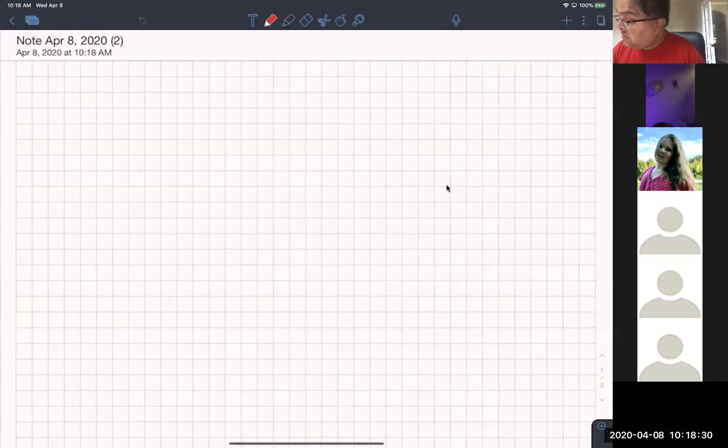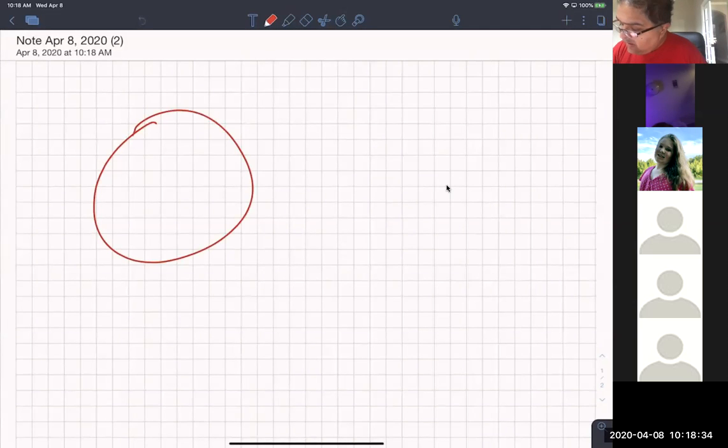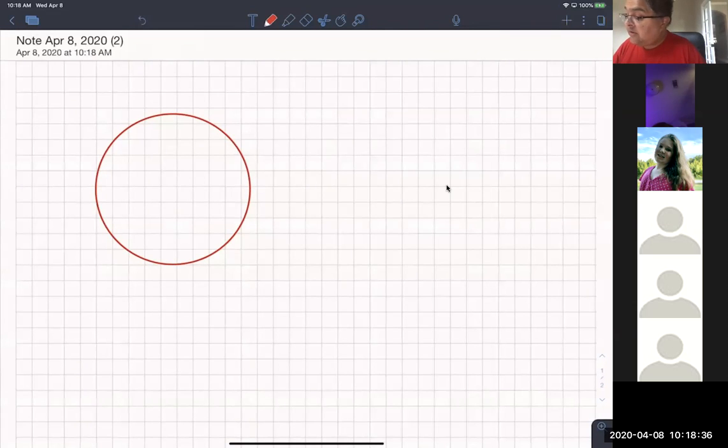So if you have a circle, there are two types of angles that we're going to be dealing with. Okay, so here's a circle. Now a central angle is called a central angle because it involves the center of the circle.